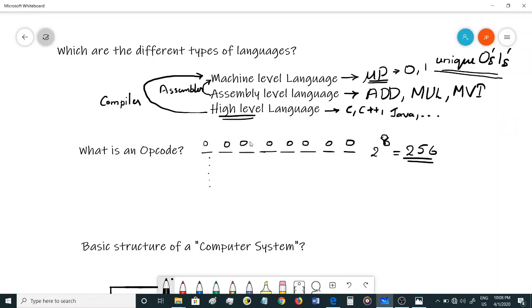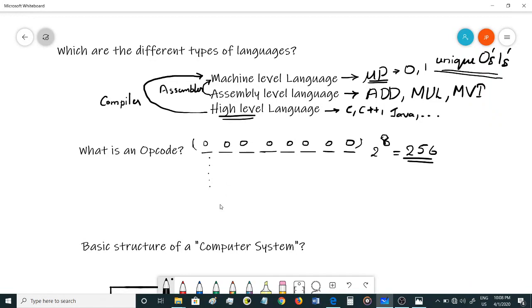So your assembler will convert your multiply a comma b into machine language, into a unique opcode in this format, a combination of 8 binary digits. Each instruction definitely should have a unique opcode, only then can the processor identify these instructions.